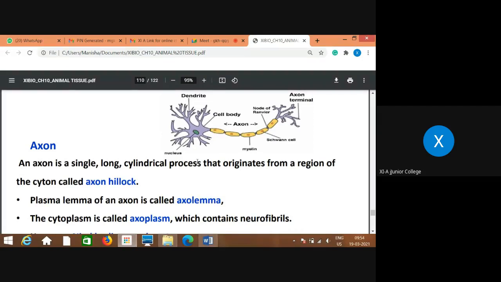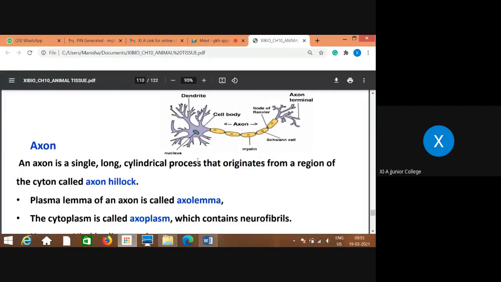The plasma lemma of the axon is called the axolemma, as I told you. Like the neurilemma, for the axon we can consider the plasma membrane as the axolemma, whereas the cytoplasm of the axon is called the axoplasm, which contains neurofibrils.